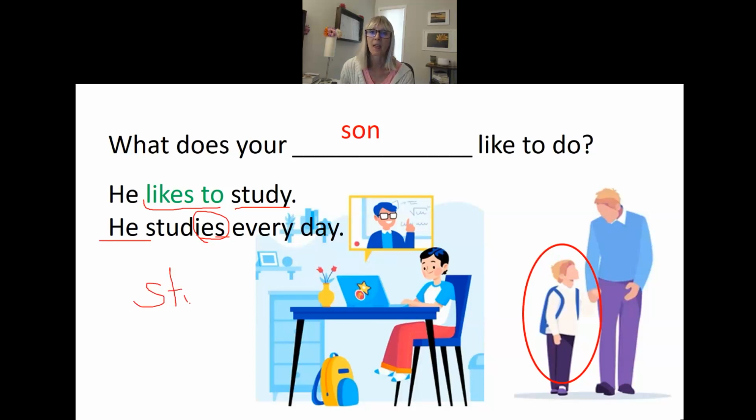Study ends in a Y. When words end in Y, I say goodbye, Y. Hello, I, E-S. He likes to study. He studies every day.